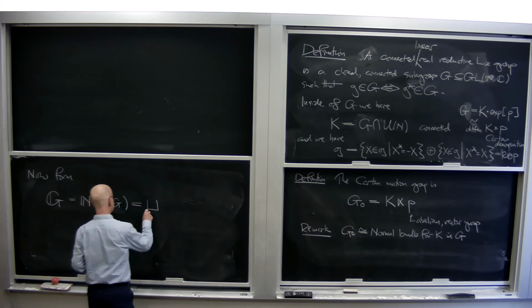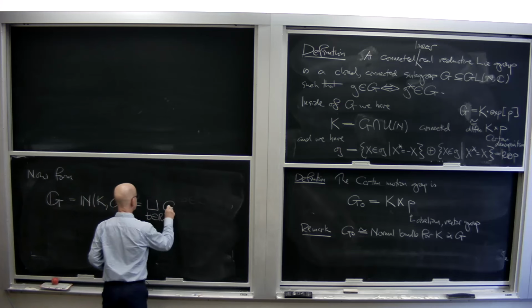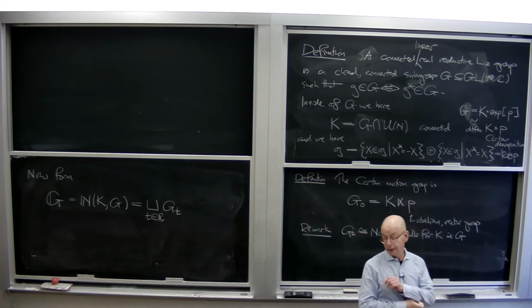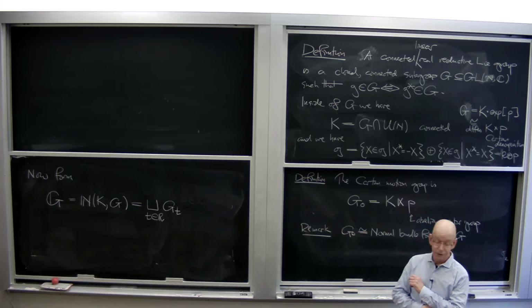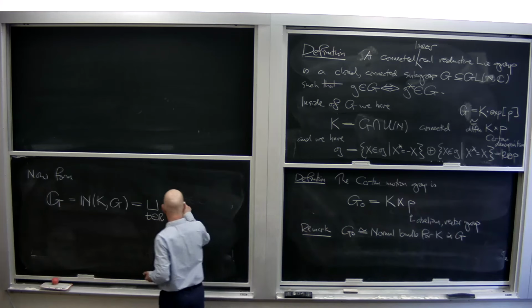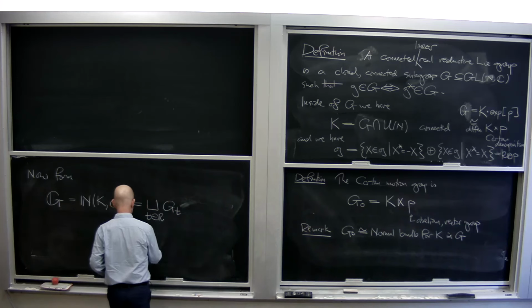As we know, this is a union of fibers. And by the functoriality of the deformation to the normal cone construction, each of these fibers is in fact a group. That's not surprising because we happen to know what the fibers are.